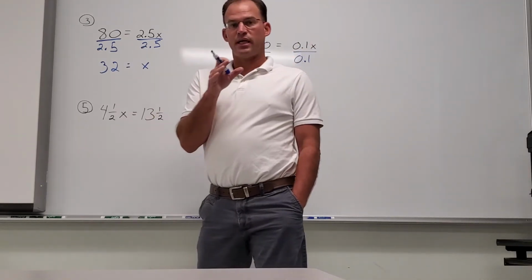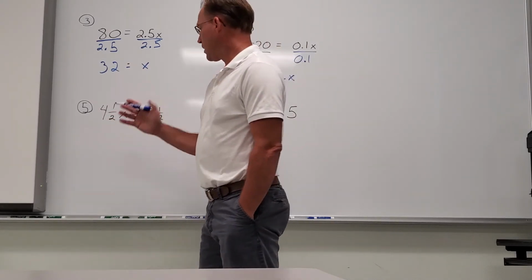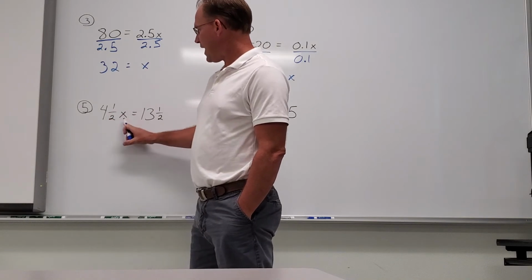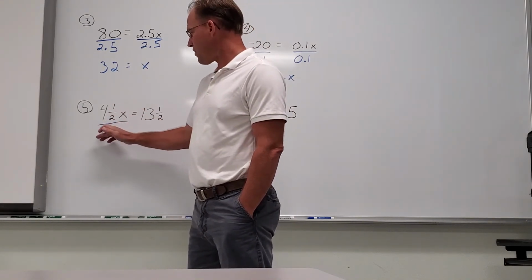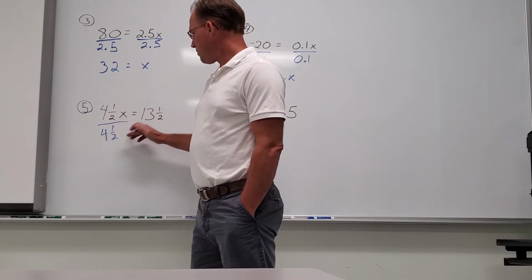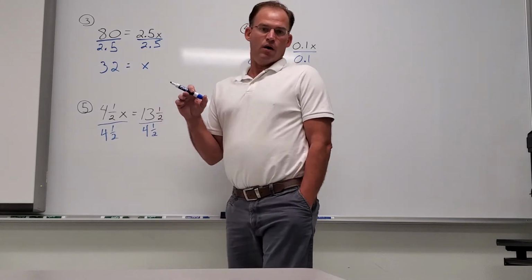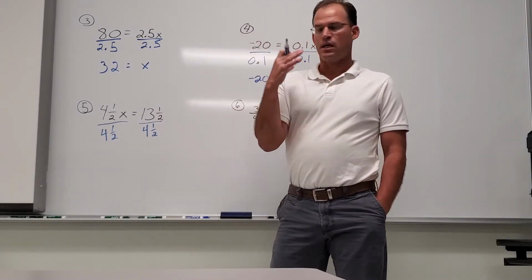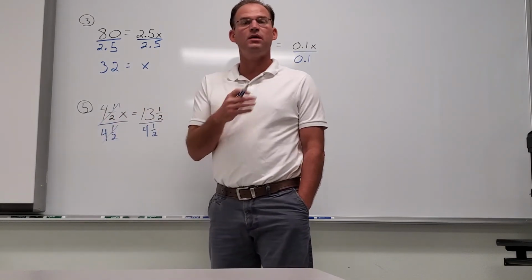Number 5, fractions. Doesn't change anything. Told you had a couple of days to work on those fraction operations. This is why they're going to be popping up. So I have 4.5x. Variable's on this left-hand side here, so I start with this number that's with the variable. Divide by 4.5 on both sides of the equation. So I know 4.5 divided by 4.5, that will always be 1.